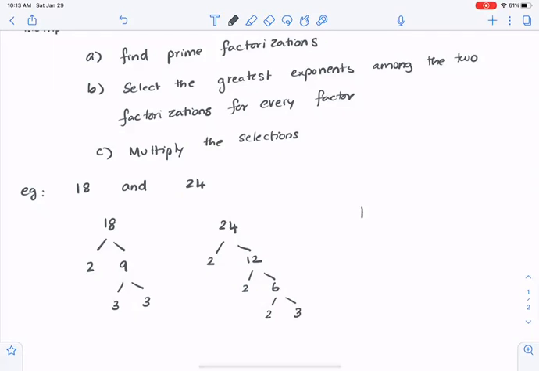So 18, I can write as 2 times 3 times 3, 3 squared. And 24 is 2 times 2 times 2 times 3.